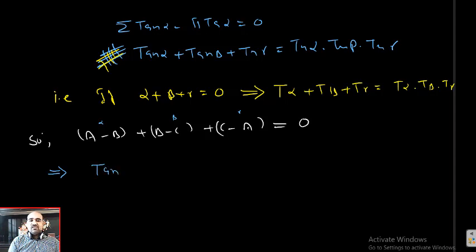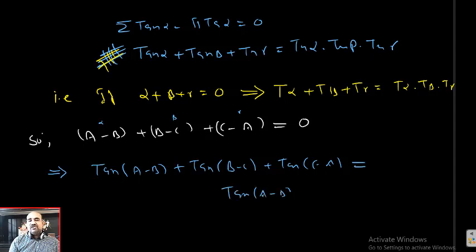Tan of (a minus b) plus tan of (b minus c) plus tan of (c minus a) should be equal to tan of (a minus b) into tan of (b minus c) into tan of (c minus a).